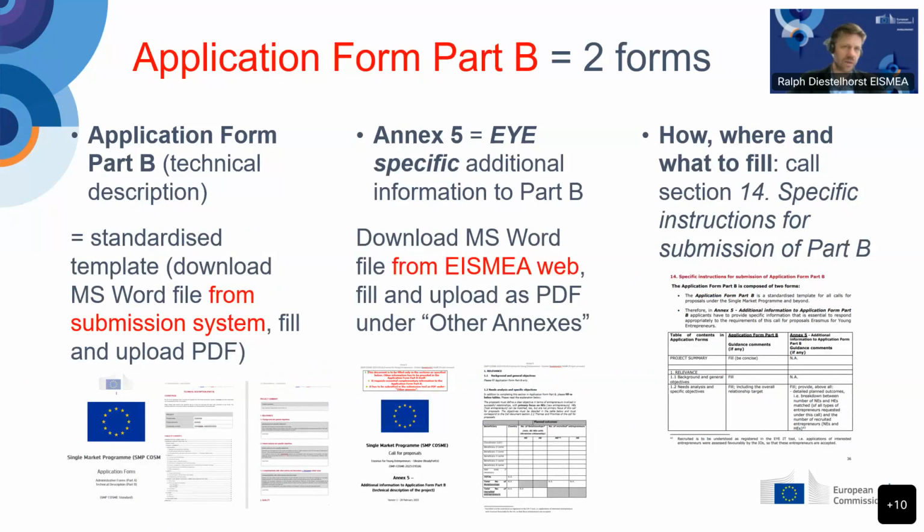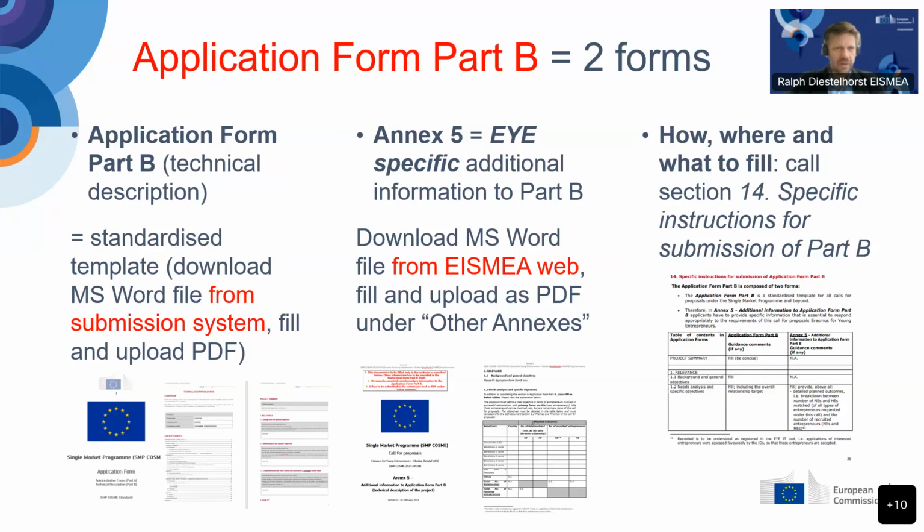And here you see it all in one. The application form part B basically means submitting 2 forms. The core, the standardized one, application form part B, it's the technical description. This you download from the system. You download all the sections that are specified in the instructions for submission of part B. That's at the very end of the call document, at the very end.